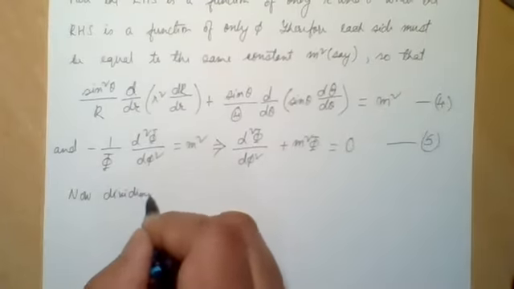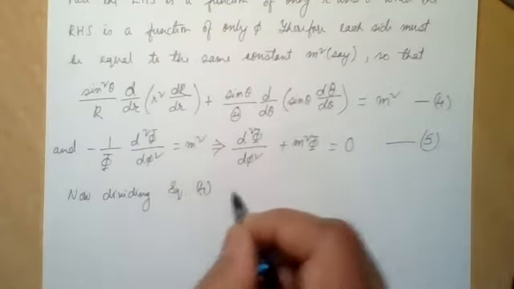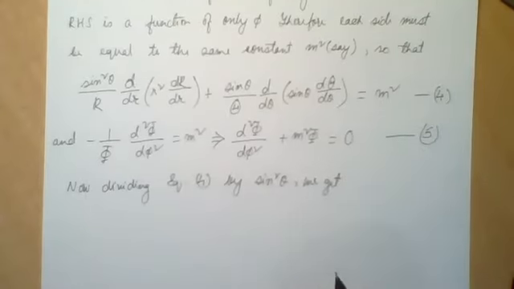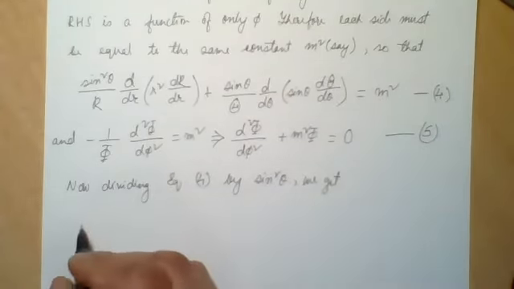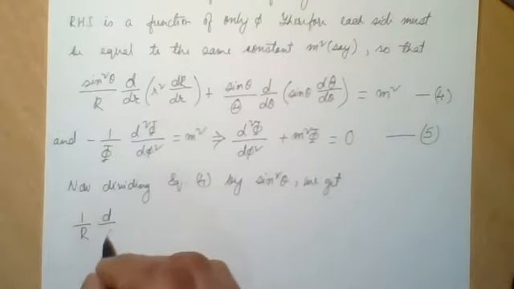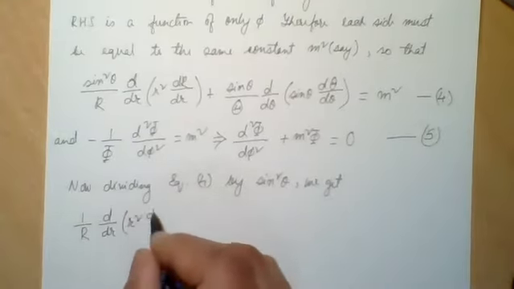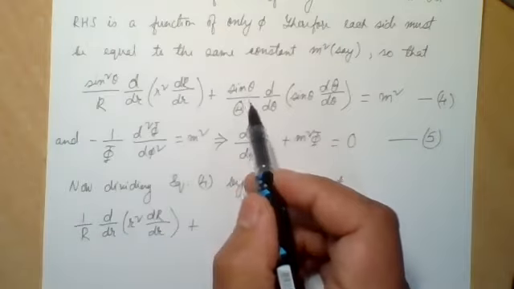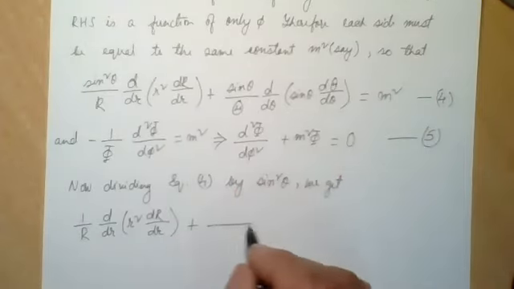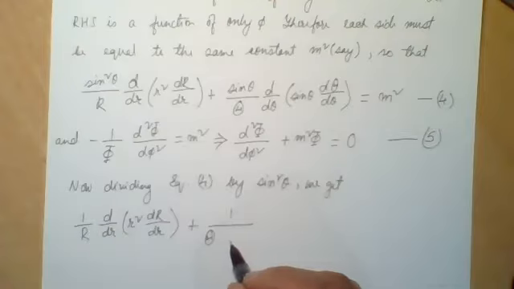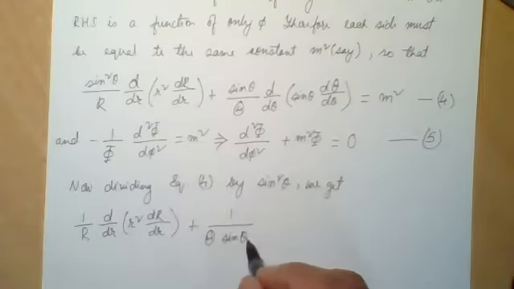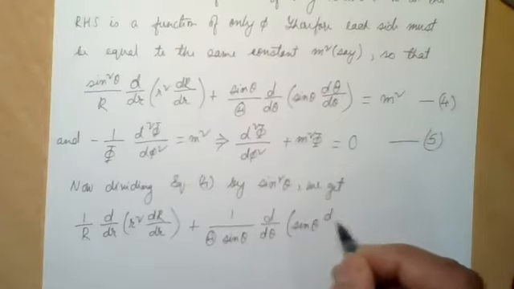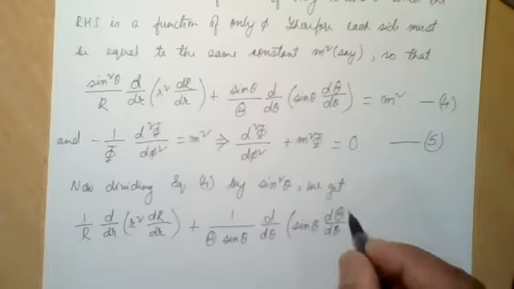Dividing equation 4 by sine square theta, we get 1 by capital R d by dr, r square dR by dr, plus 1 by capital Theta sine theta, d by d theta, sine theta d capital Theta by d theta.